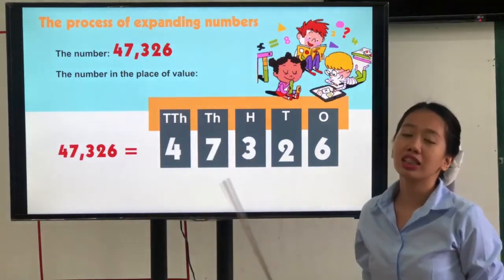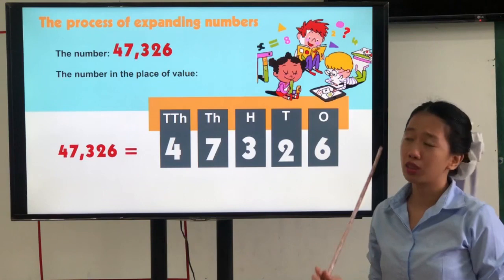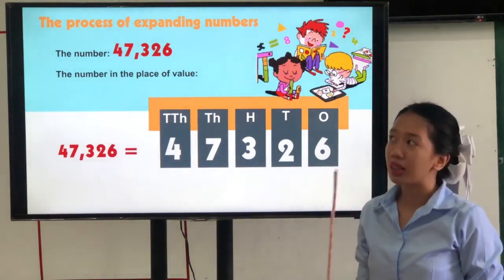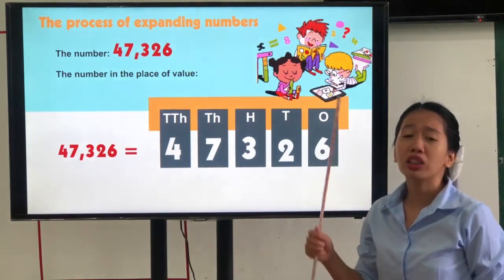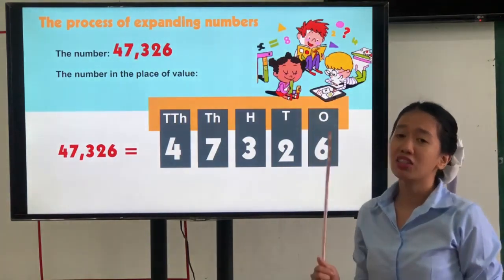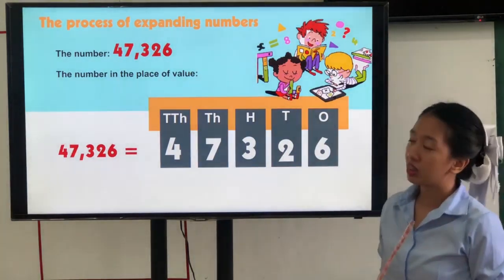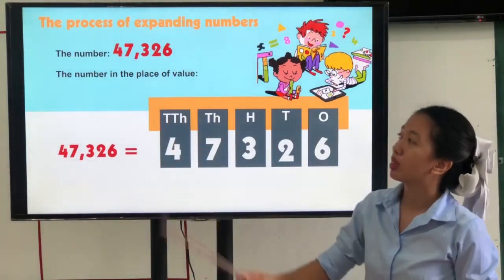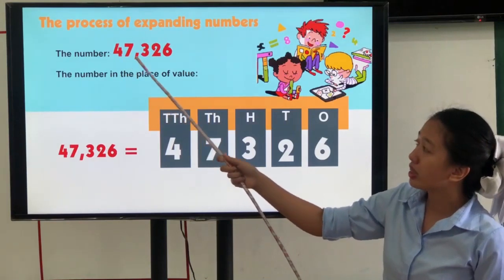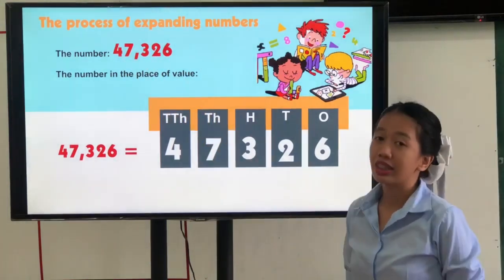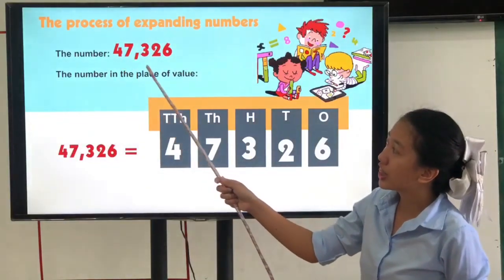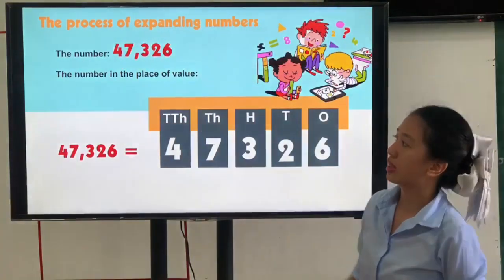So this is the example of how we expand numbers. Last video we tackled place value, and we will use that place value in this topic. For example, we have the number 4, 7, 3, 2, 6, in other words, 47,326.